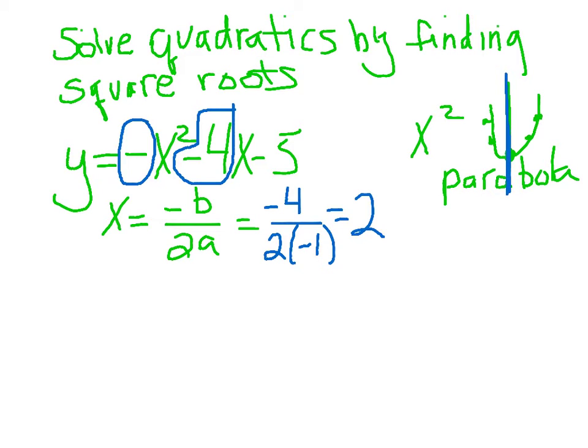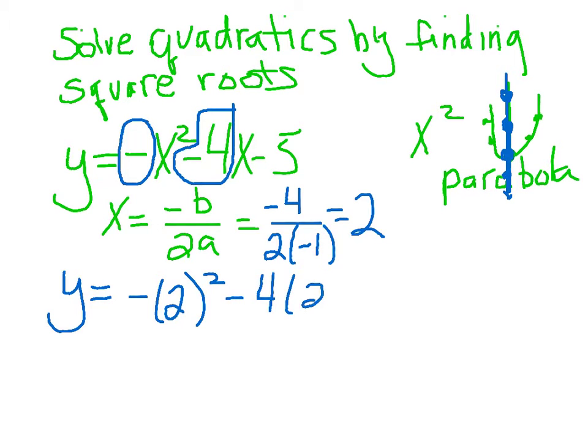Now, the vertex is somewhere on that line. But where? We need to find the y value of the vertex. And the way we do that is by substituting the x value into the original equation.